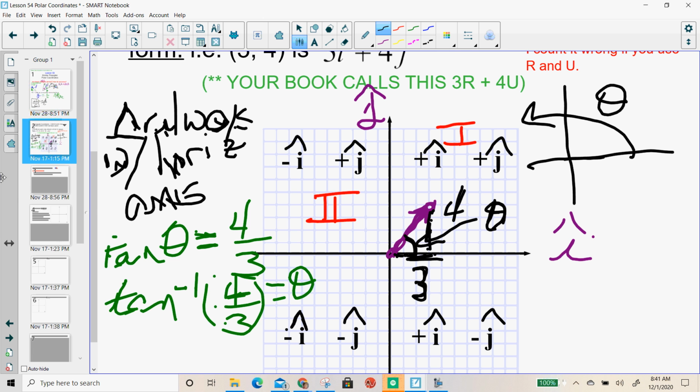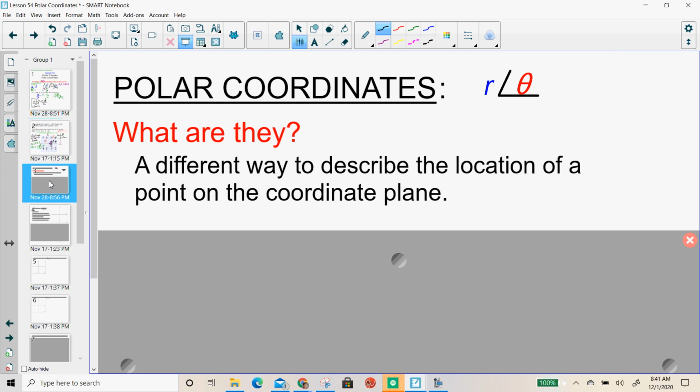Maybe it's going so many degrees north-northeast or something like that. And whether you really understand what that means or not, it's like, oh, kind of in between north and east, but north-northeast would be closer to north. And then I'm going to go 5 miles that direction or whatever the distance is. That's what polar coordinates do. They talk about a direction and how far you're going to go.